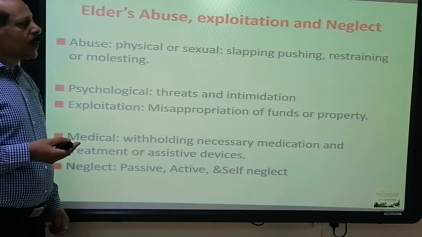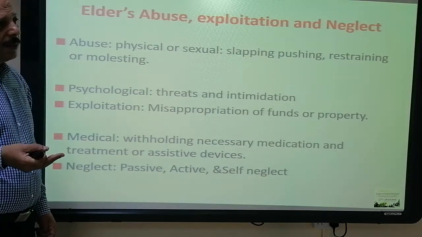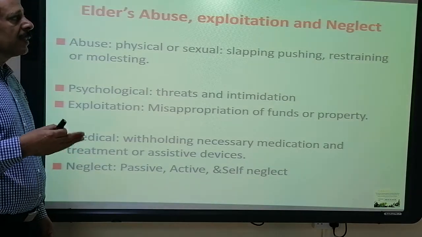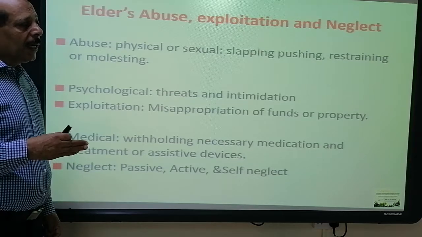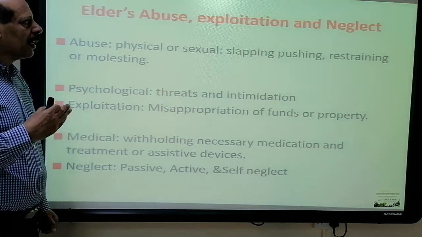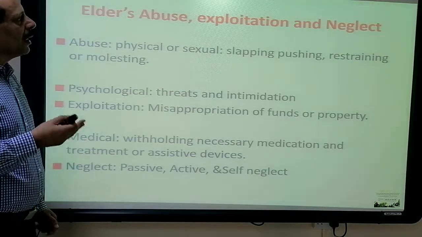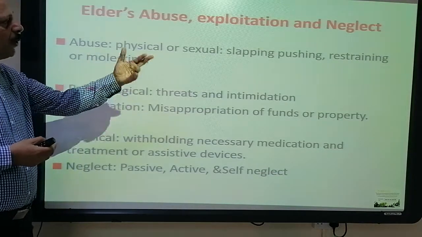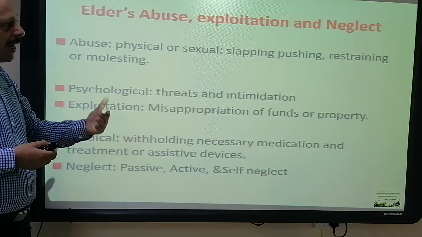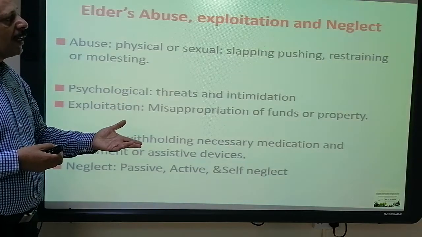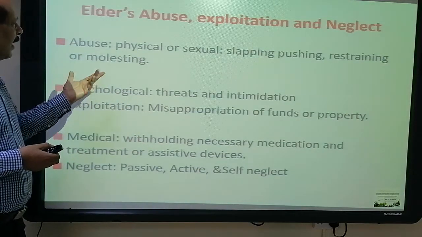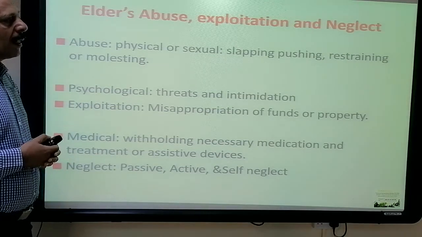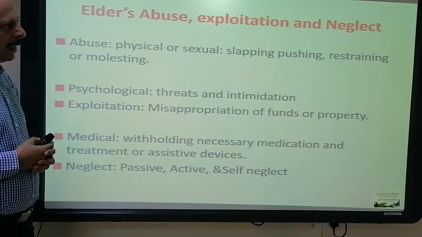Elder abuse, exploitation, and negligence. In some families or in some communities, the older person can be abused or neglected. The abuse means physical or sexual abuse: slapping, sometimes pushing, restraining, or molesting the old client.